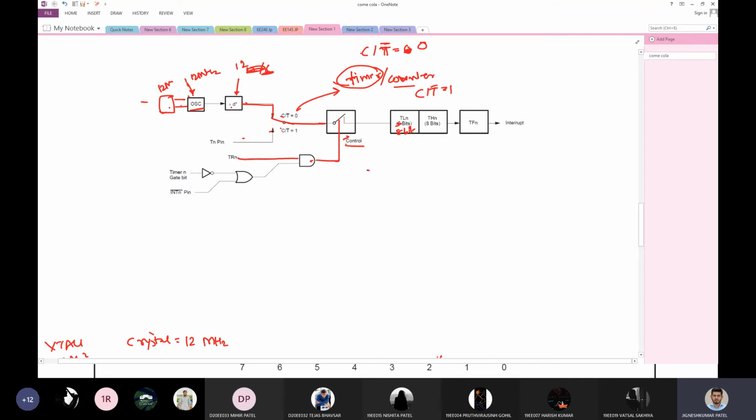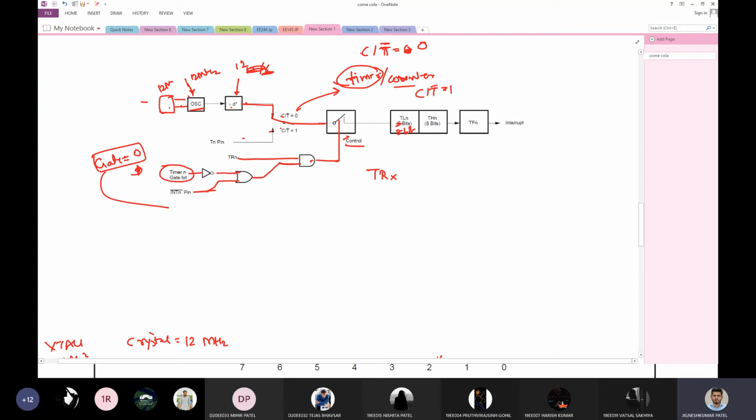One is TR0, or TRx in this case, and the other one is from this line, where there is an OR gate with two more options: the timer gate bit, this bit. We are starting with gate bit 0, and I'll let you know what happens when the gate bit is 1 later.